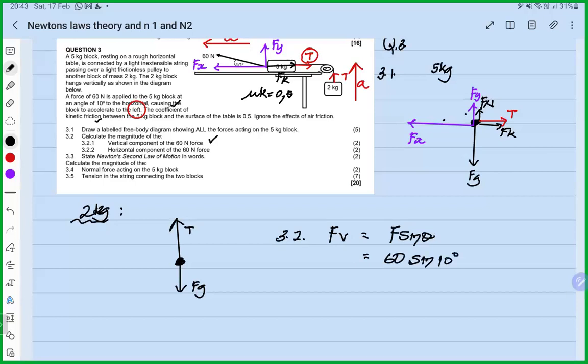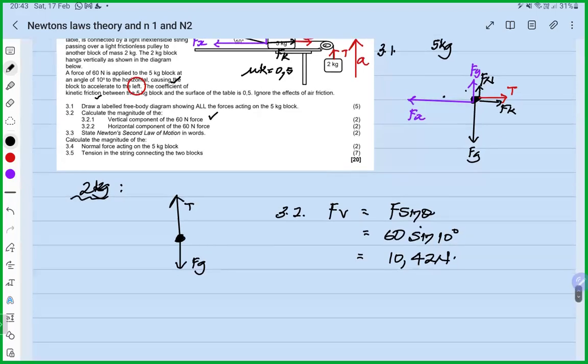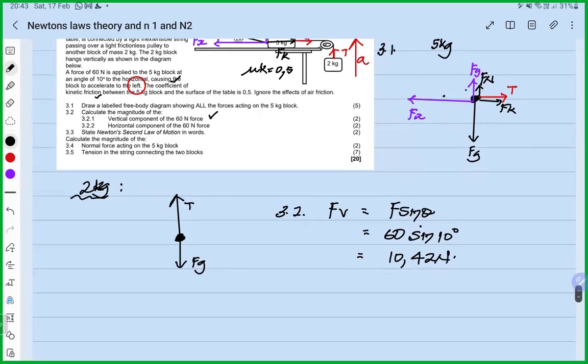Answer? 10.42. Yep. And F horizontal, 59.88.